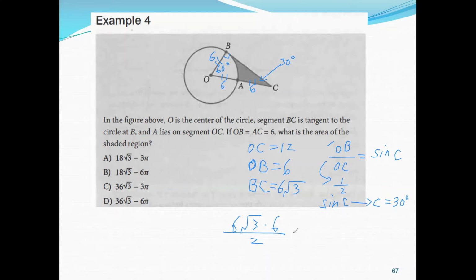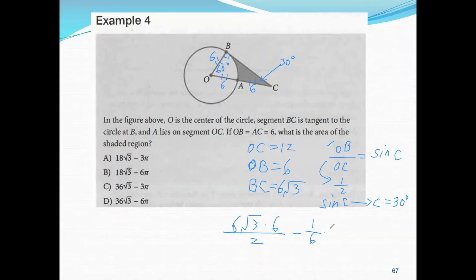Then we're going to subtract out the portion of the circle, the area that corresponds to the central angle of 60 degrees. And that's going to be 1/6, right? Because 60 degrees out of 360 is 1/6.